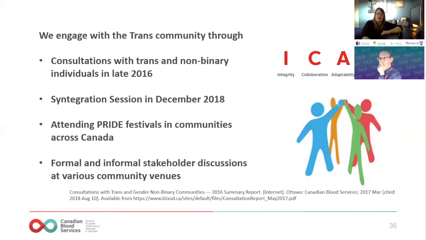And so you can probably imagine that these criteria were heavily criticized by the trans community. So later in 2016, Canadian Blood Services conducted stakeholder consultations, bringing together a number of trans individuals from diverse areas of Canada, including donors and non-donors, to have an in-depth solutions-focused discussion. And several short-term and long-term action items were derived from these consultations.